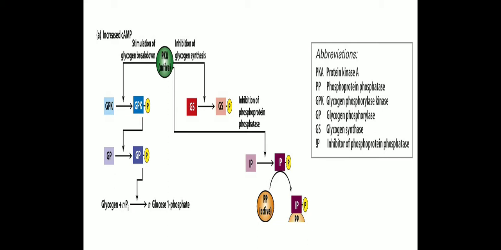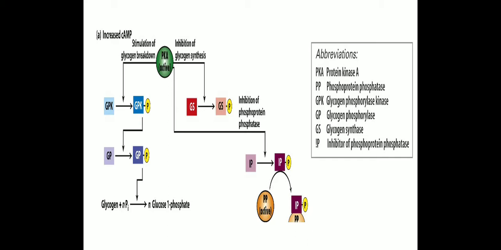This is the diagram for the increased cyclic AMP production, where stimulation of glycogen breakdown gets the phosphate group attached to the GPK, because of which the glycogen phosphorylase is then attached to the phosphate group, which increases the glycogen breakdown into glucose 1 phosphate.